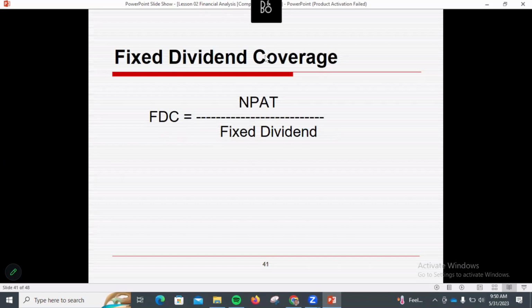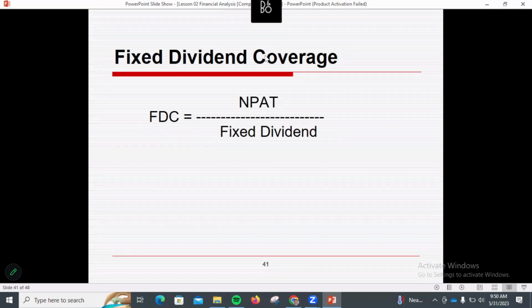Likewise, fixed dividend coverage is also there. Fixed dividend means the preference share dividend. That is also a legal obligation for the company to pay. If the profit is not available in a particular time period, it can accumulate. It should be paid with the arrears in future years.